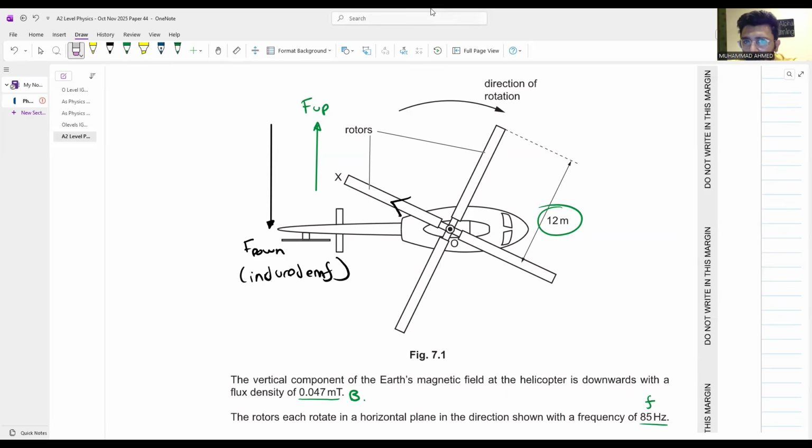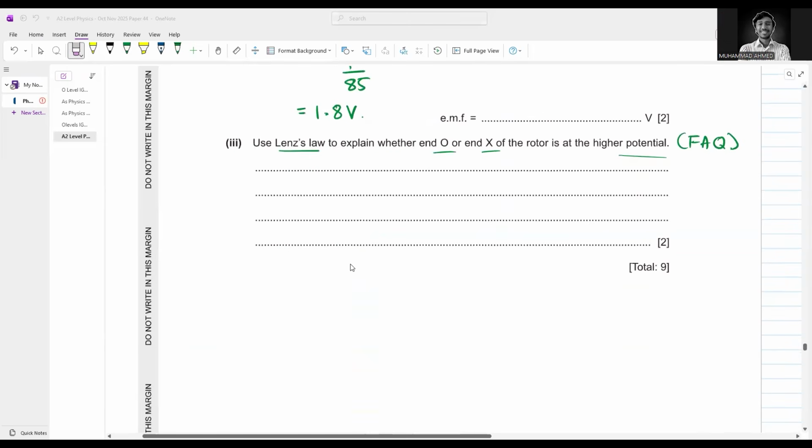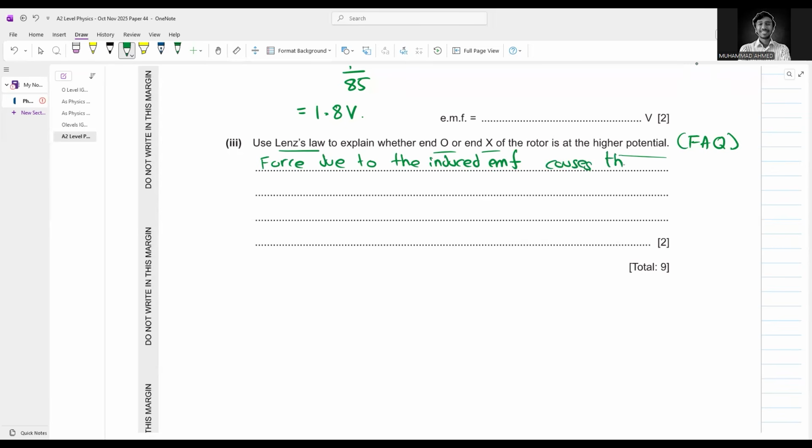Let's write this down. You can say, you can say what? You can say the force due to the induced EMF causes the rotor to move in an anti-clockwise direction.